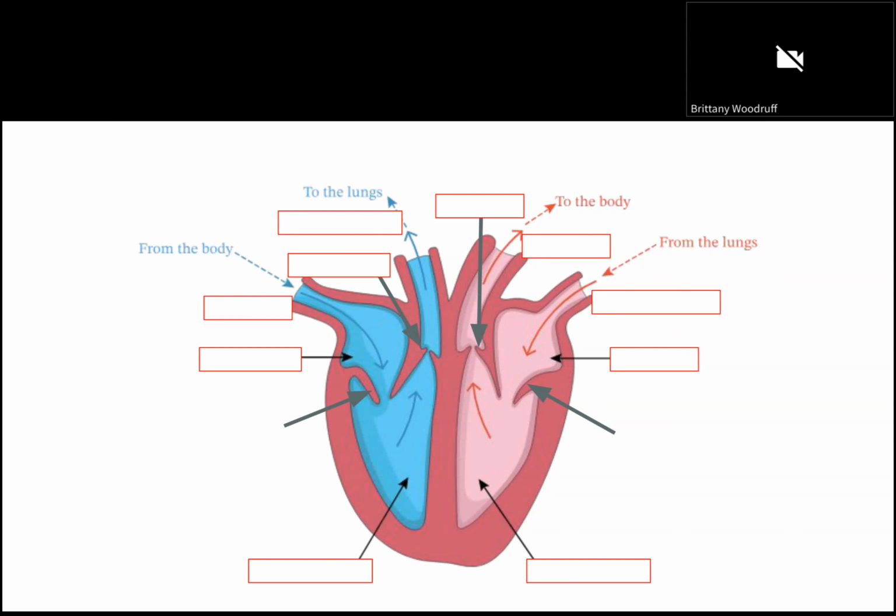Right ventricle. Now your right ventricle is going to flow out to your lungs. What's the name of the vessel that brings it to your lungs? Pulmonary artery. What valve sits before the pulmonary artery? Pulmonary valve.